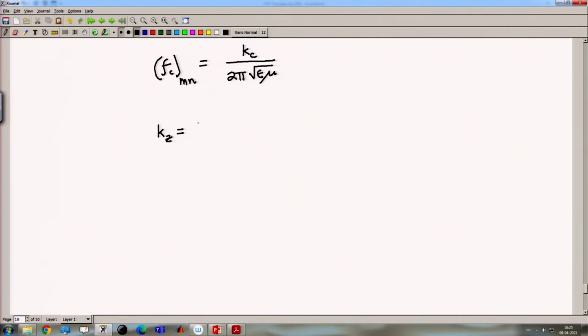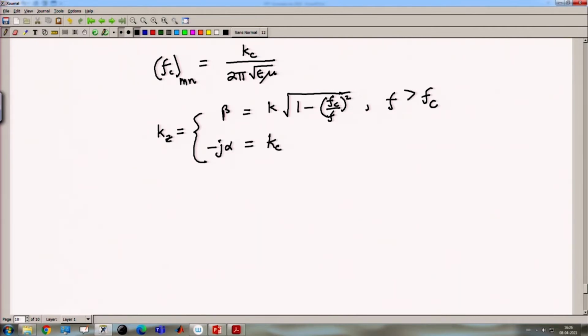kz is given by beta, that is k root of 1 minus fc by f whole square for f greater than fc, where fc is the cutoff frequency, and kz is given by minus j alpha, that is equal to kc root of 1 minus f by fc whole square for f less than fc.